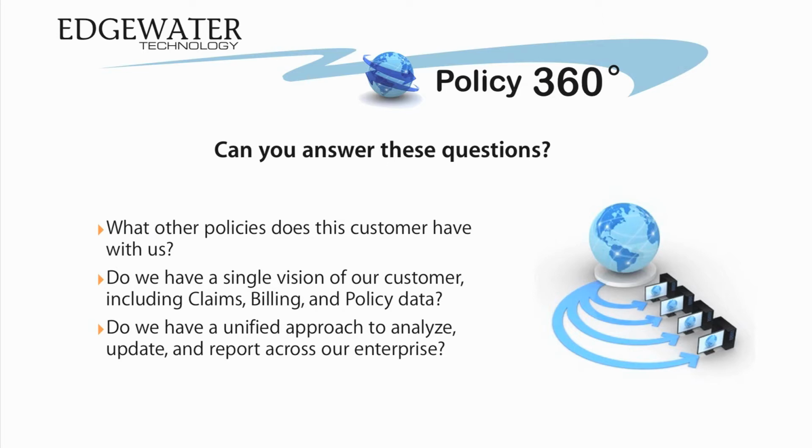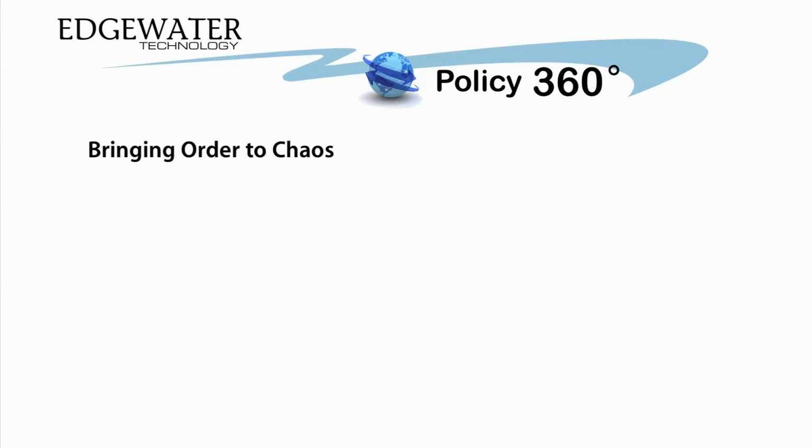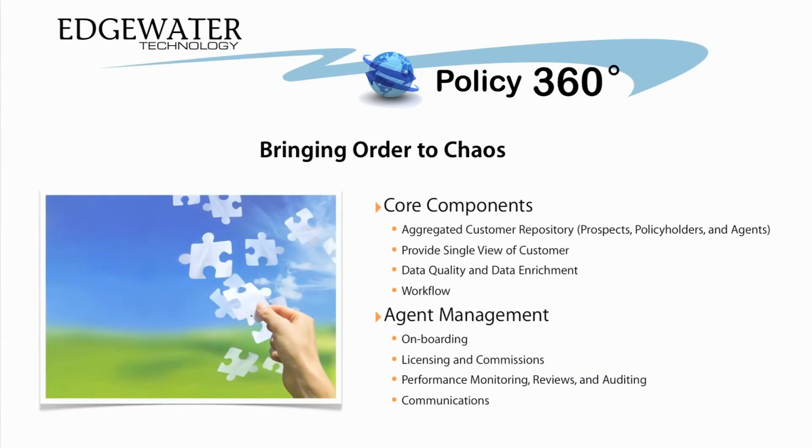In order to get a complete 360-degree picture, you need to provide a single view of a customer that includes claims, billing, policy data, and the related agent information that should go with it. Edgewater's Policy 360 concept is founded on a fully integrated CRM platform as your information data hub, working off the core components you can see here.